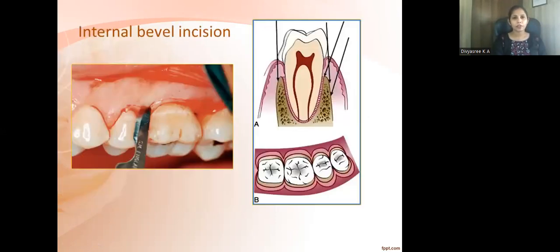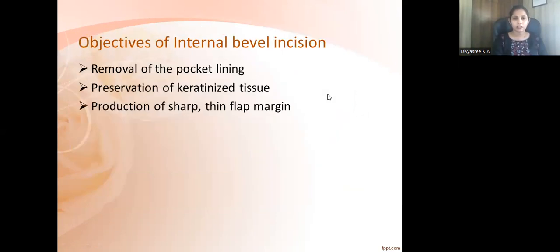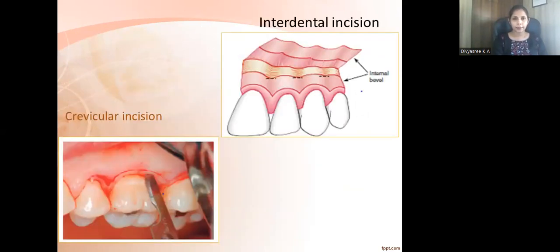The main objective of internal bevel incision is to create a sharp, thin, knife-edge margin and to preserve as much keratinized tissue as possible and to eliminate the soft tissue lining of the pocket. So these are the different directions in which internal bevel incision can be placed. So these are the objectives of internal bevel incision.